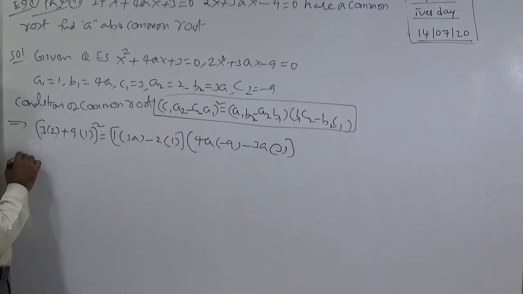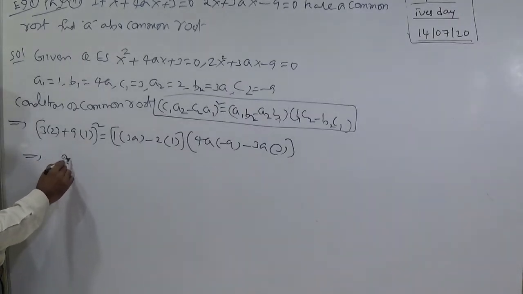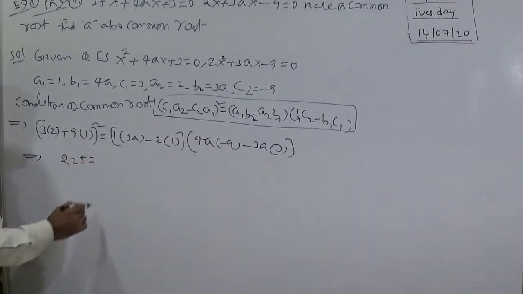That implies 6 plus 9, which is 15. 15 whole square is 225.